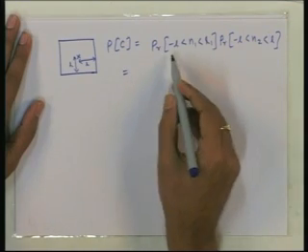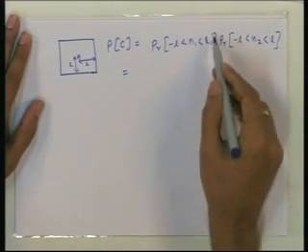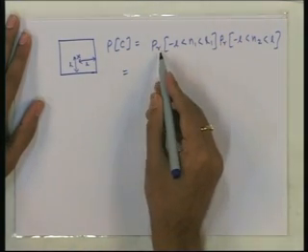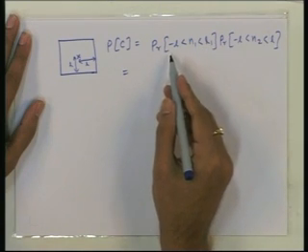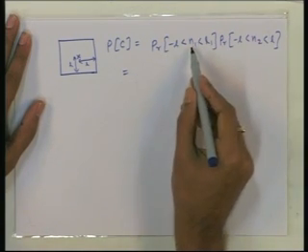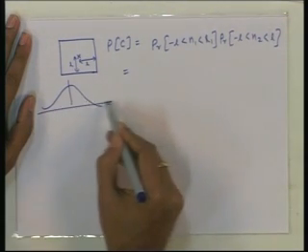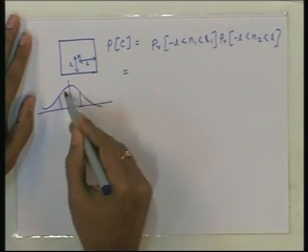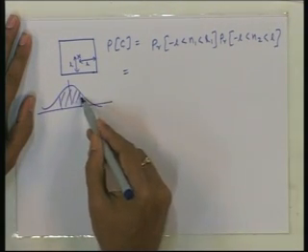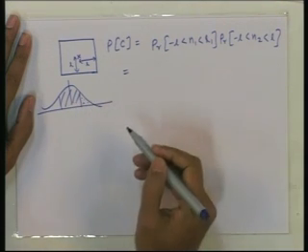So, this is one of these squares, and what is this probability? This is again the area here, and that is 1 minus 2 times this area.